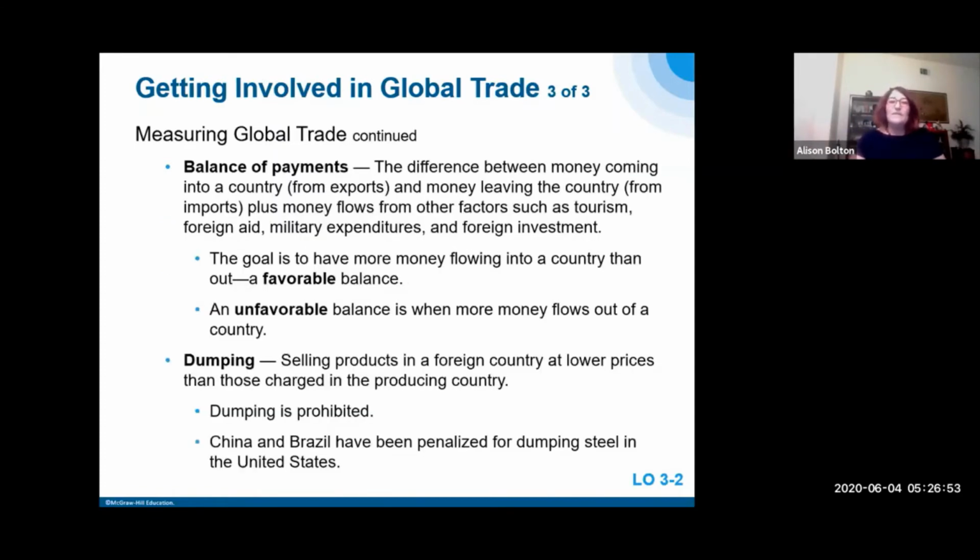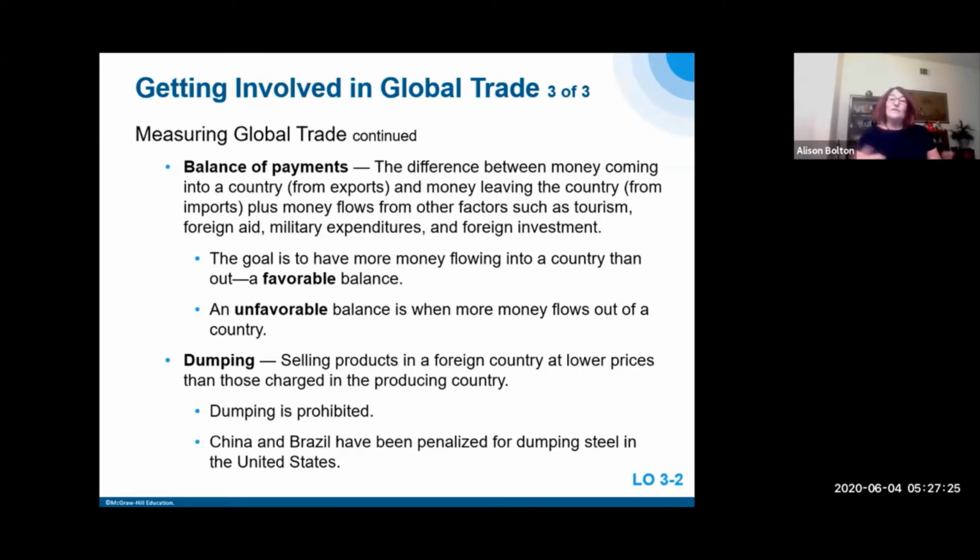Balance of payments. How money is flowing in and out of this country, in all countries? Are we making money? And what's really beneficial is during certain times of the year, such as with tourism, our flow of income is higher. So usually we see it during special seasons, or let's say, for instance, summer. Our summer comes at a different time than some other countries' summers.